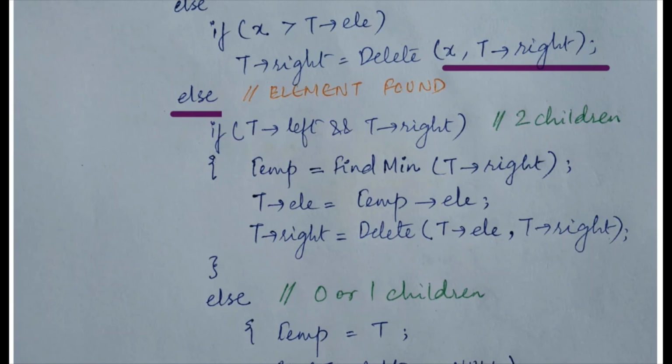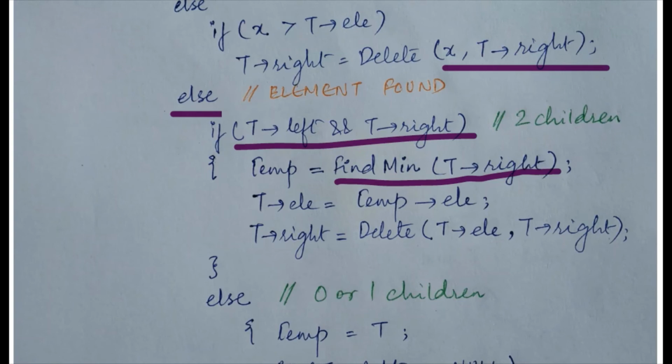So this is what we do. Once you find out that your node has 2 children, there are 2 ways of doing it. We'll do this way. We find the minimum in the right subtree. Why do we find the minimum? If I take the minimum from the right subtree and I put it instead at the place of 2, the rest of the elements in the right subtree will still be greater than this minimum.